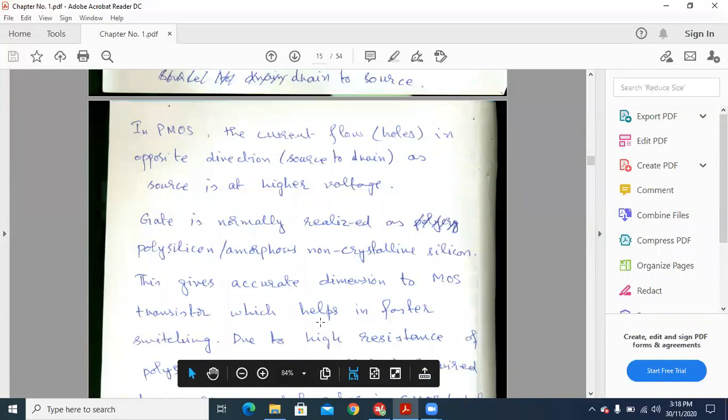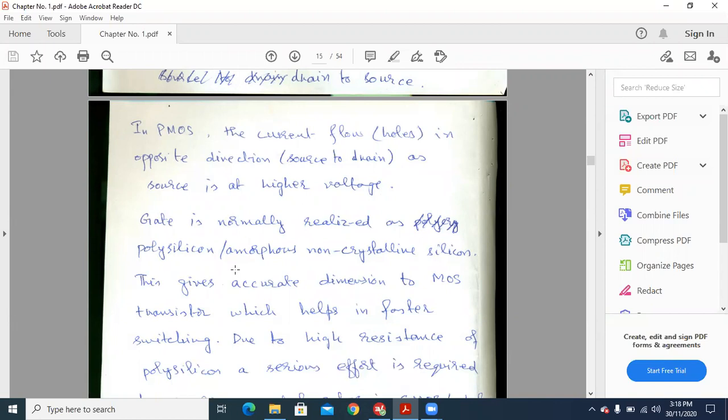So the gate is normally realized as polysilicon material. This actually has a very high resistance, and this helps to make the transistor switching faster.